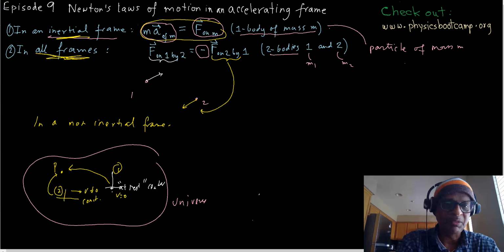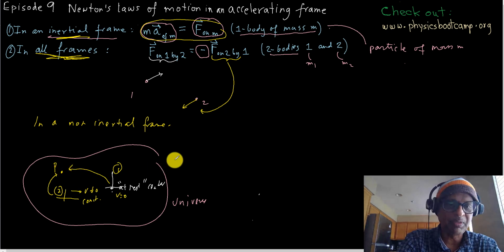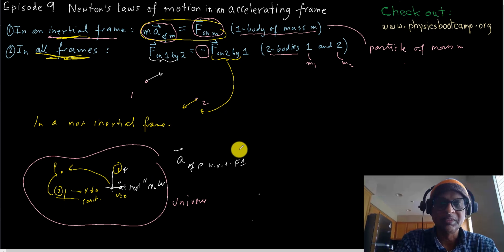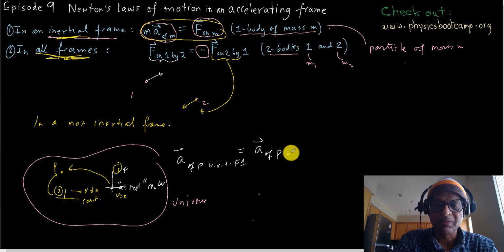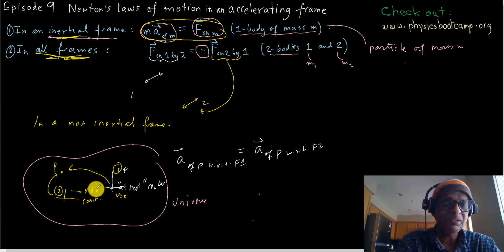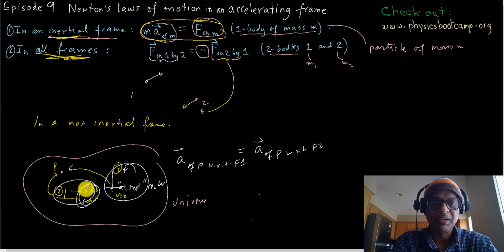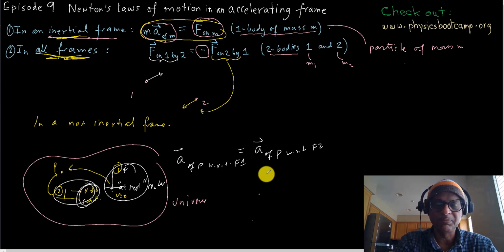Why? Because the acceleration of p with respect to frame 1 is equal to the acceleration of p with respect to frame 2. As long as the velocity is constant with respect to this at rest frame, they're all going to have the same acceleration.